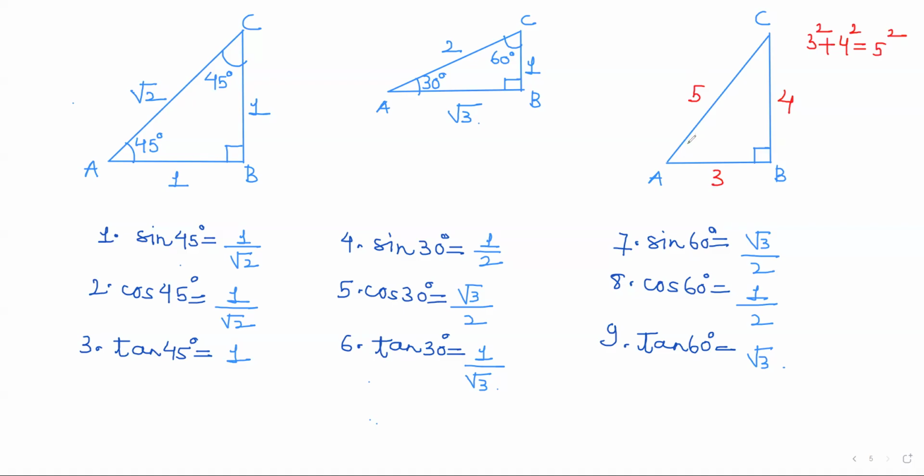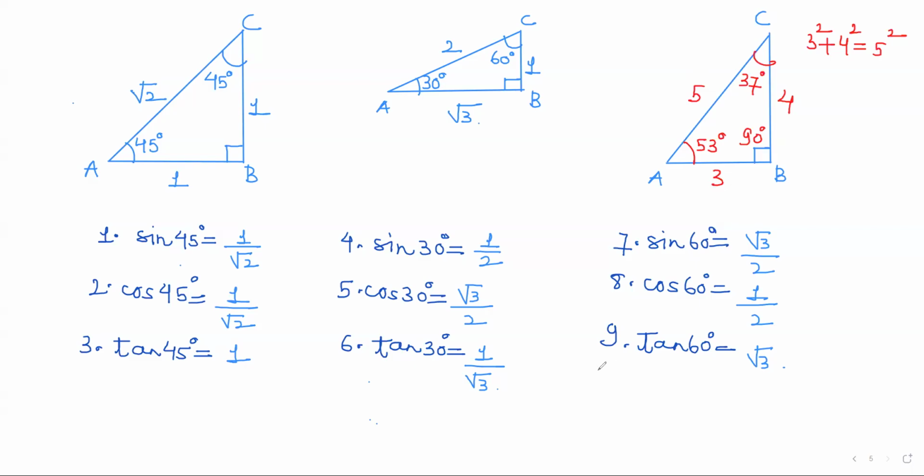The angle between 5 and 3 is 53 degrees. This is 90 degrees, so this will be 37 degrees. I repeat, the angle between 5 and 3 is 53 degrees.